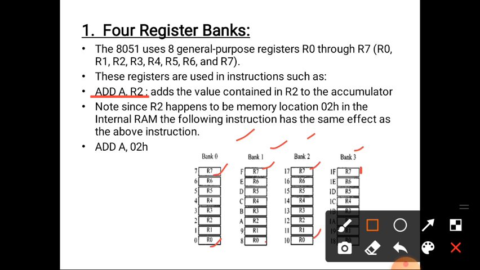Here the value contained in R2 is added to the accumulator. So here R2 happens to be memory location 02H in the internal RAM. The following instruction has the same effect as the above: ADD A, 02H.